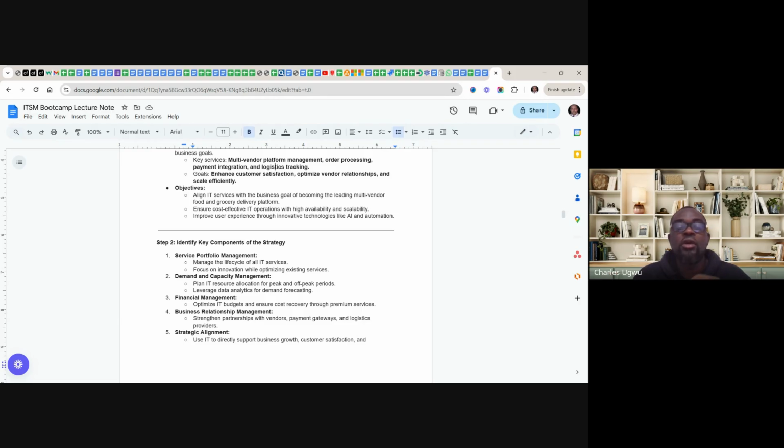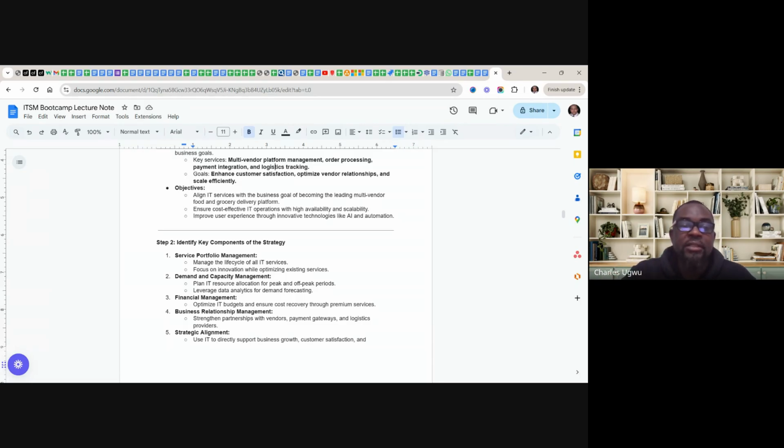If we had all this sorted out, the payment processors and all these things, there is no way at some point we would go out of business. Our IT didn't sync very well, because the payment gateway was no longer working at some point. So you must have a good relationship with the key partners.